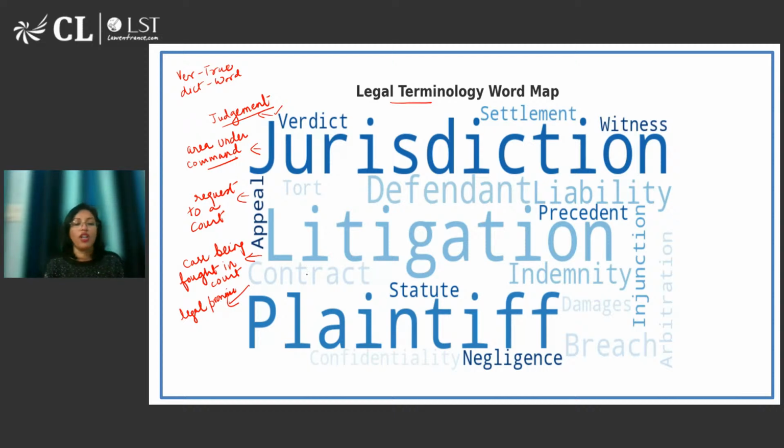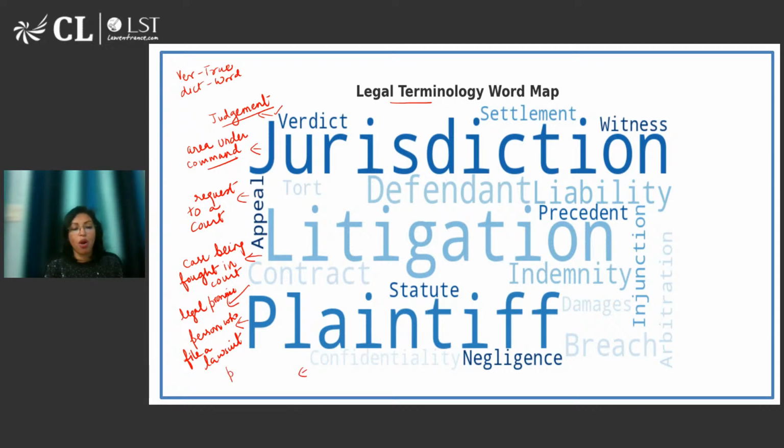So that is contract. Plaintiff is the person who files the suit. If I file a complaint, I become the plaintiff. He's the one who is filing the plaint or the complaint.